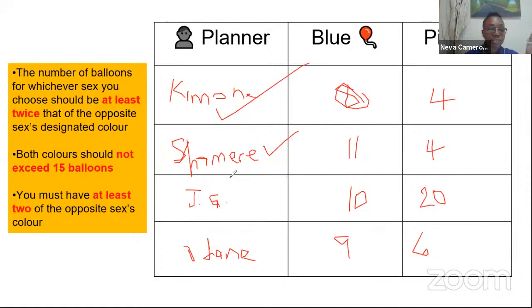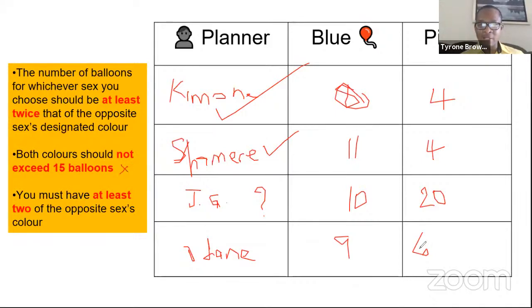So the students are actually looking at the criteria, the conditions that we have, and they were already working with it. Okay, so we were already having a problem with JG's proposal because we cannot exceed 15. So we know at least one of the conditions was violated.